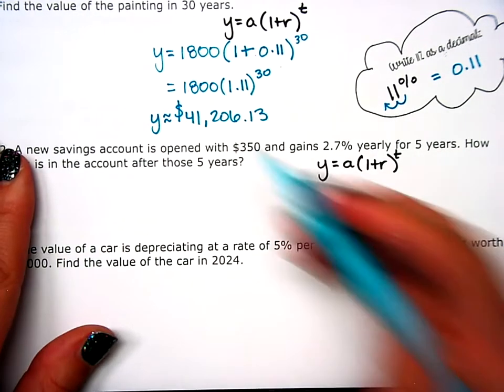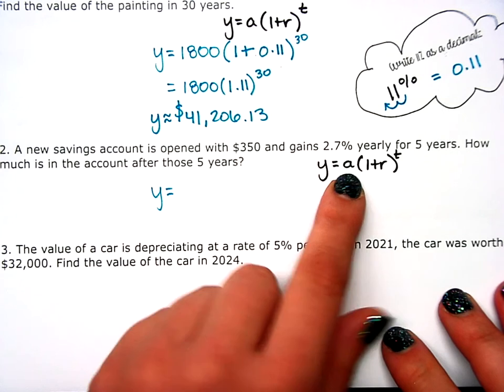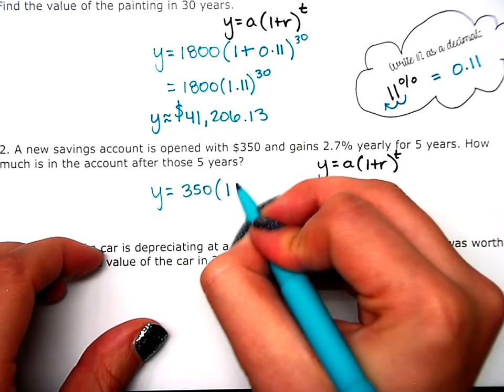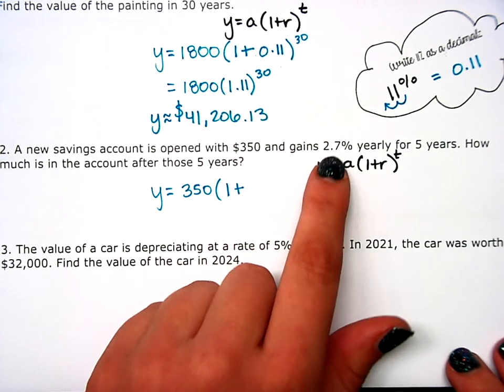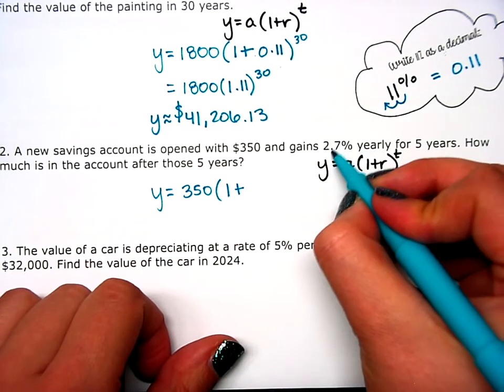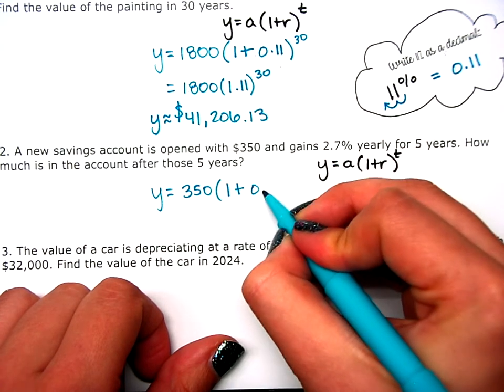And then underneath, y equals, so our initial amount, our A, is 350. I've got 1 plus, once again, careful here, I want to write 2.7% as a decimal. So if I move this decimal over to the left, 1, 2, that's going to be 0.027.